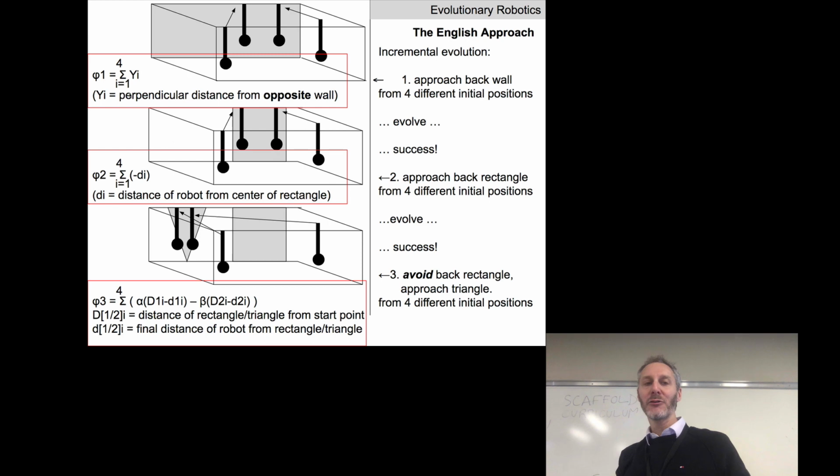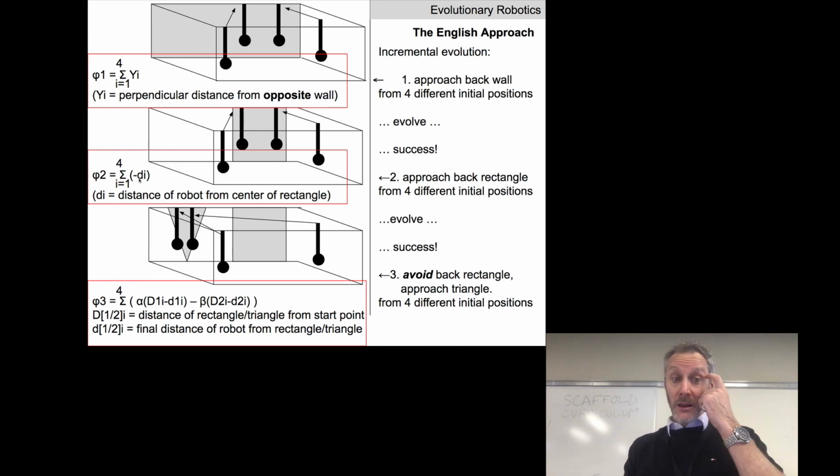And they take the average ability of the robot to do what it's supposed to do under those 4 conditions. So unlike the racetrack robot that we just saw, we're selecting for generality. The robot ultimately should be able to distinguish between rectangles and triangles, regardless of where it starts and regardless of where it starts looking.